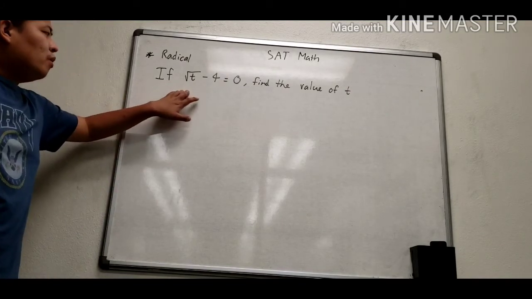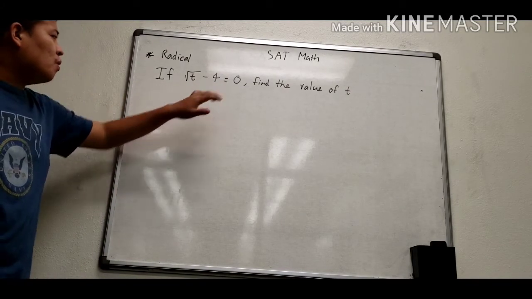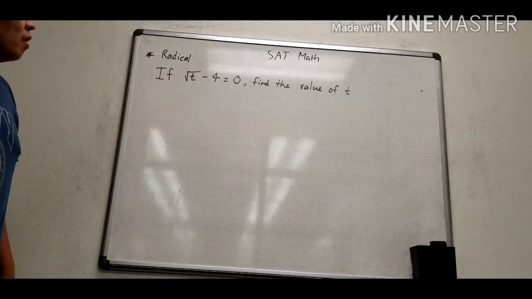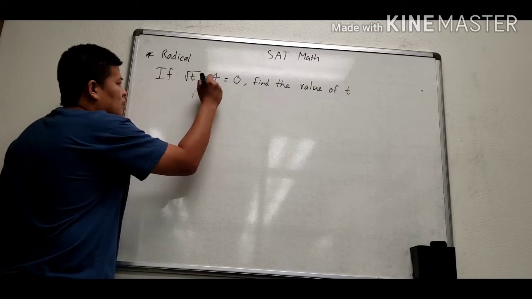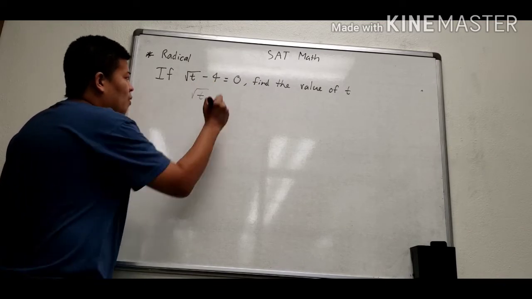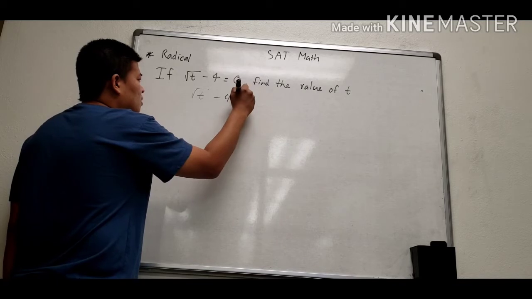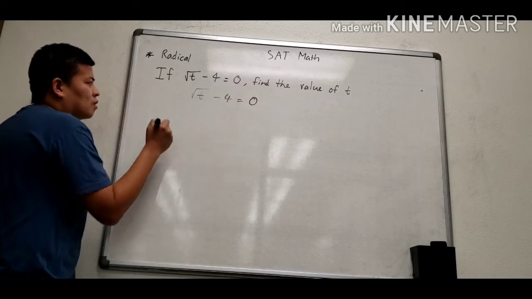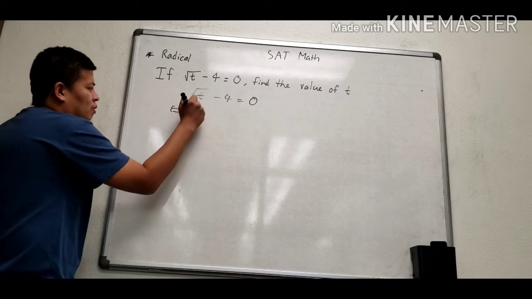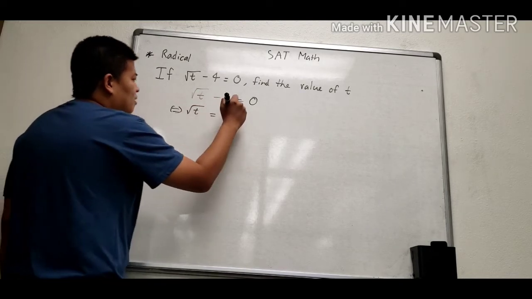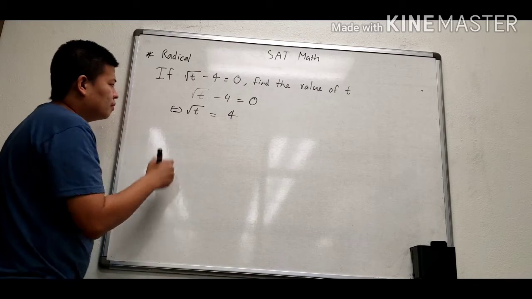If the square root of t minus 4 equal to 0, find the value of t. So we have c in here, and we have the minus 4. So we move the number minus 4 to the right.